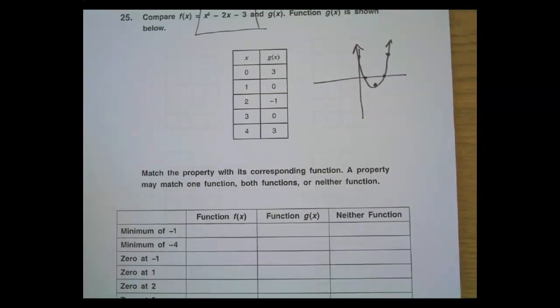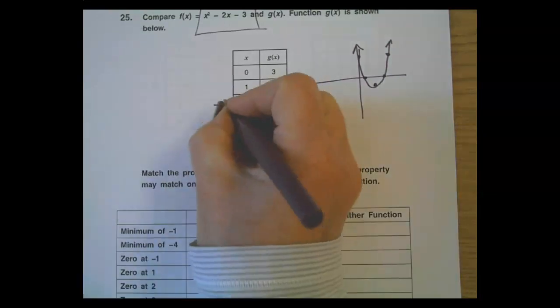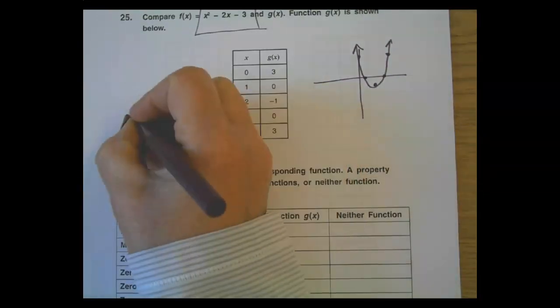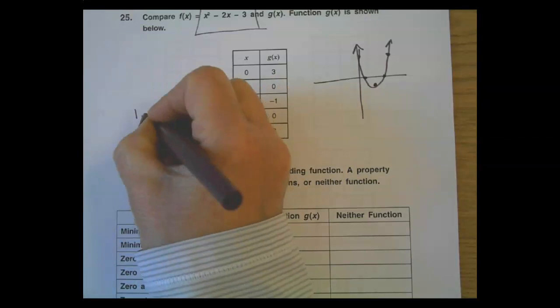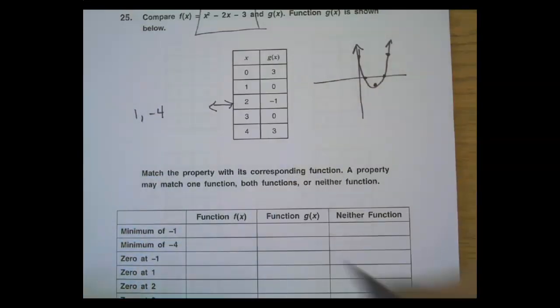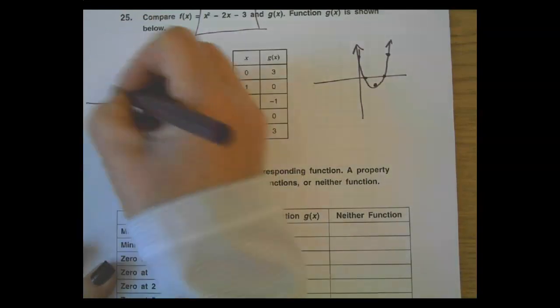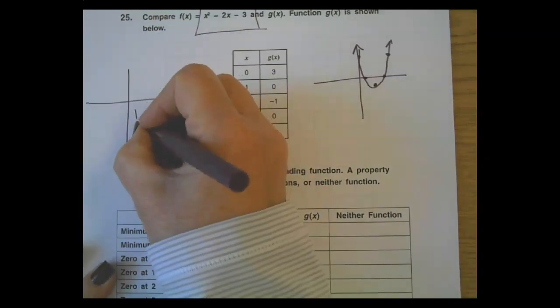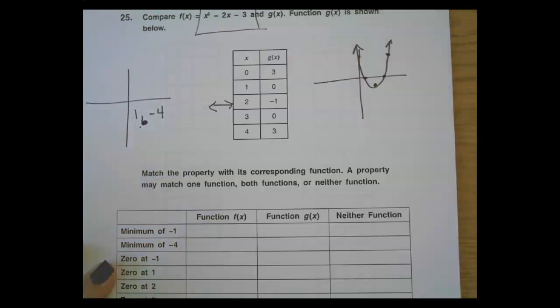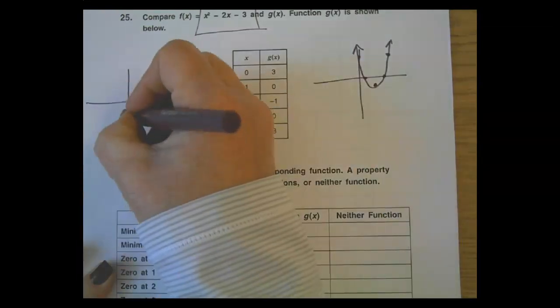Okay, so on that I can get some points. Or I can just look at it. I know my vertex, which is this point here, is 1, -4. Okay, so I'm going to make my own graph. So 1, -4. We'll just put it here. The next one is 0, -3. So 0, -3.